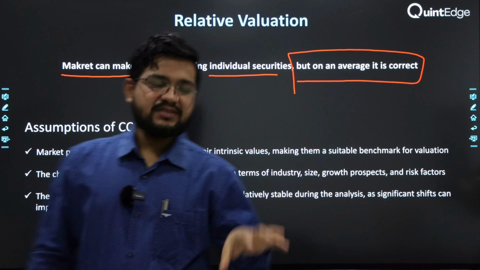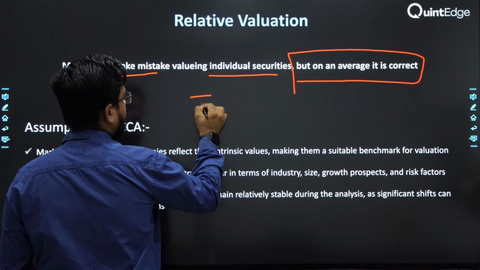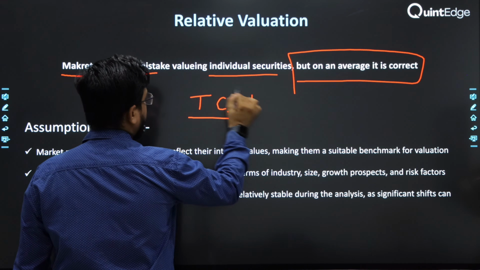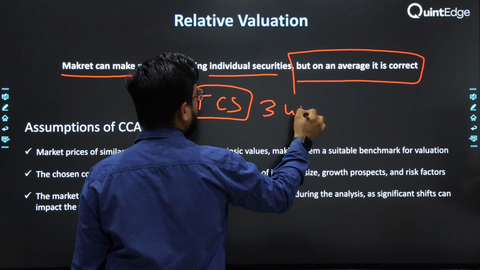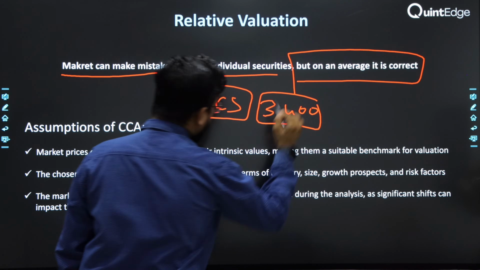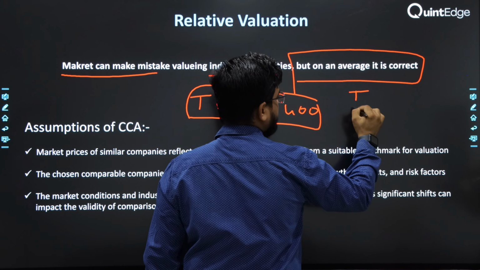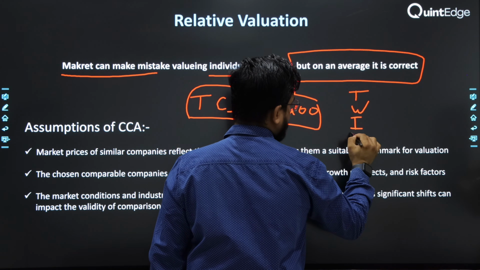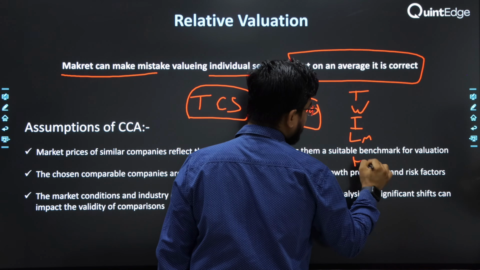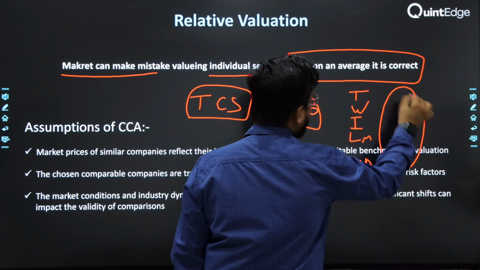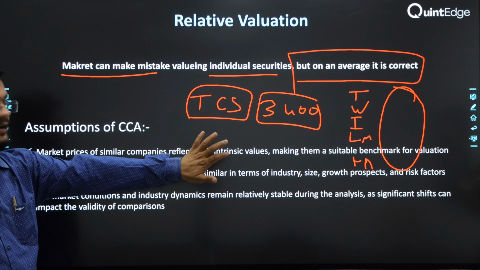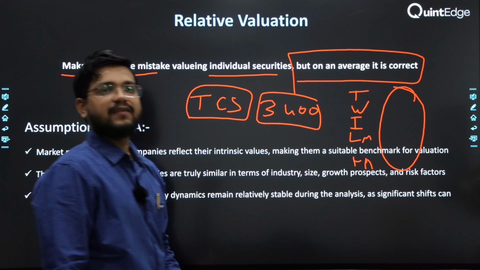Like when the market is saying TCS is worth rupees 3,400, the market may be wrong. But when I take TCS, Wipro, Infosys, L&T Mindtree, HCL Technologies, and then arrive at some average figure related to them, then I'll say this is fairly valued.